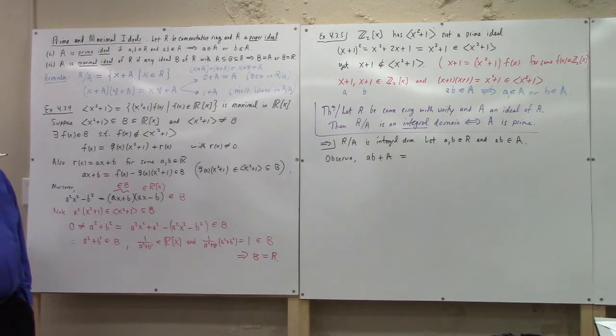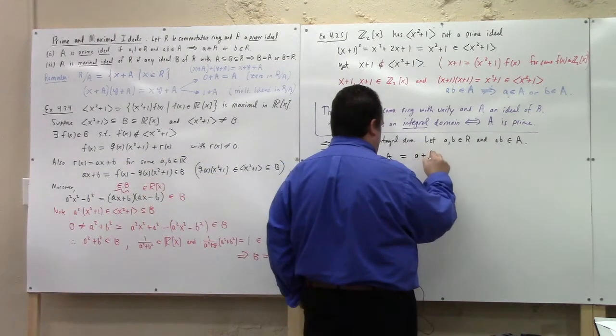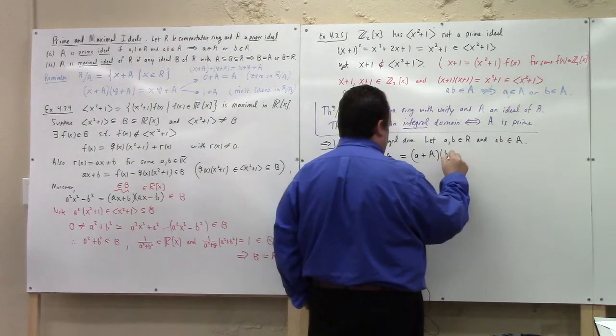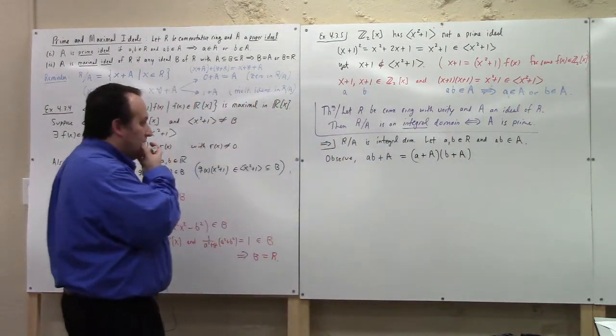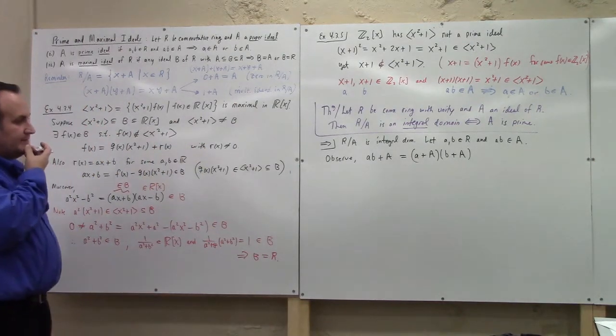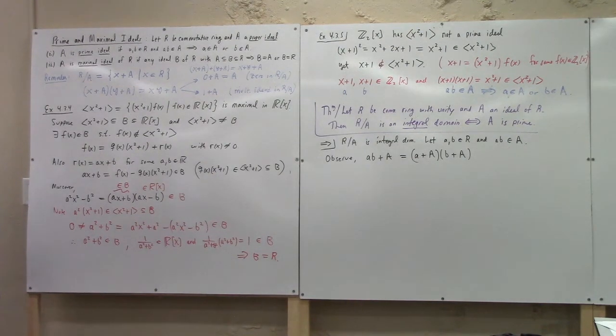By the definition of multiplication in the factor ring, this is equal to (a + A)(b + A). That's just the definition. Now, we're trying to prove that A is prime.